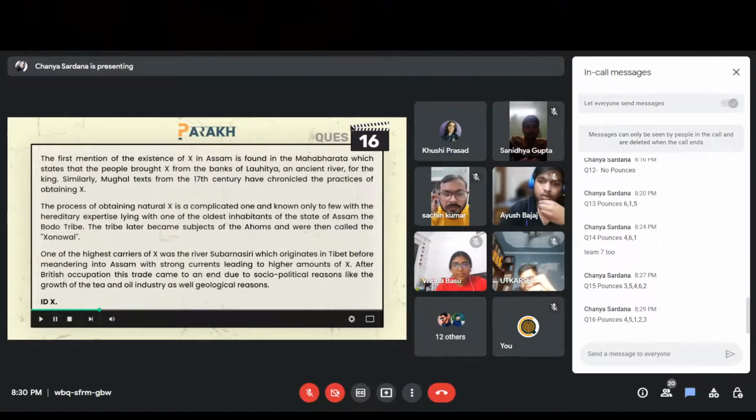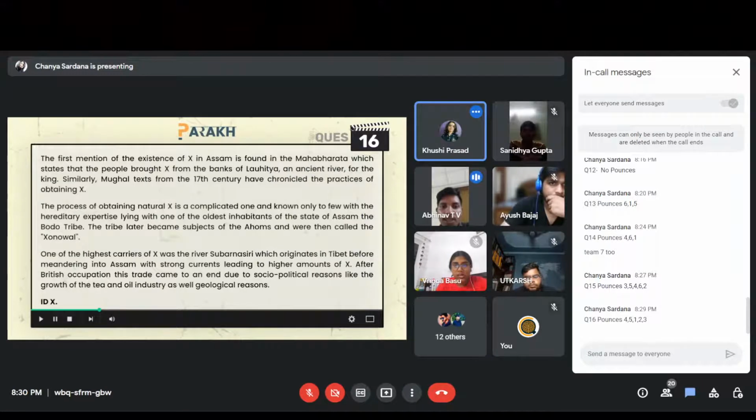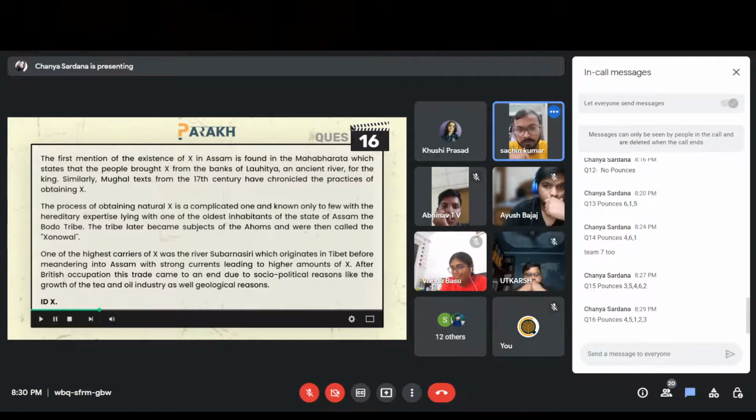Lotus seeds. Can you please repeat? Lotus seeds. Team 7. Is it gold? Yes, right. X is gold.